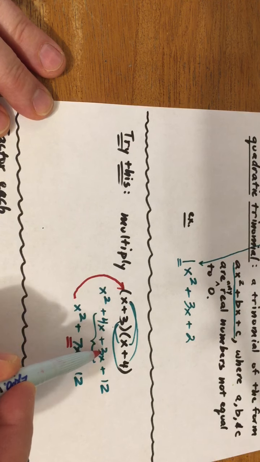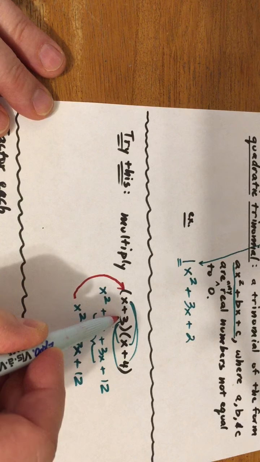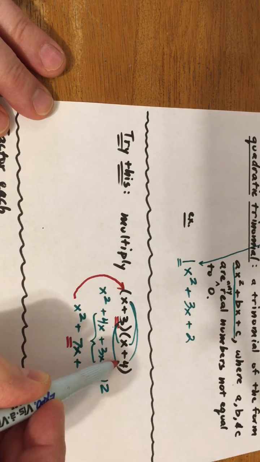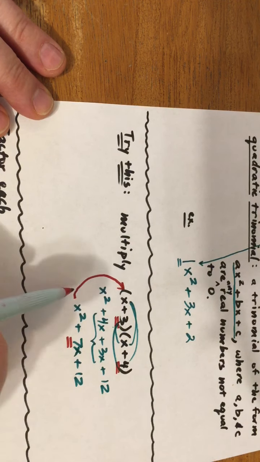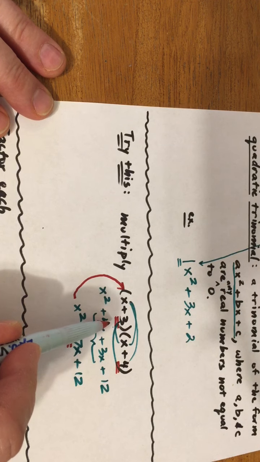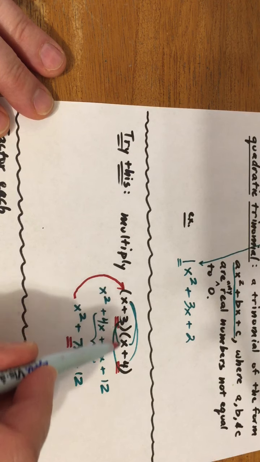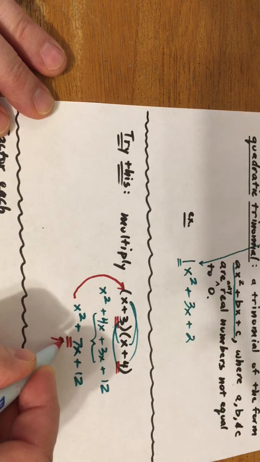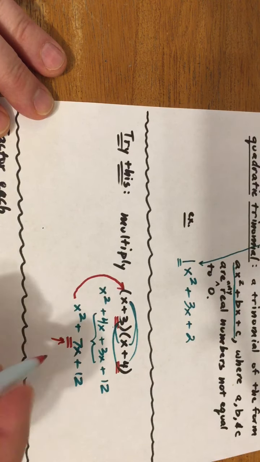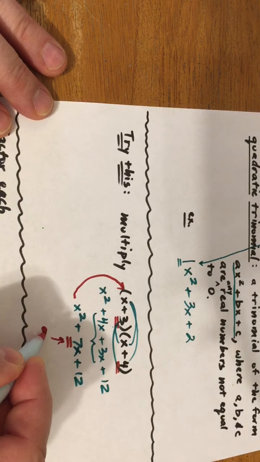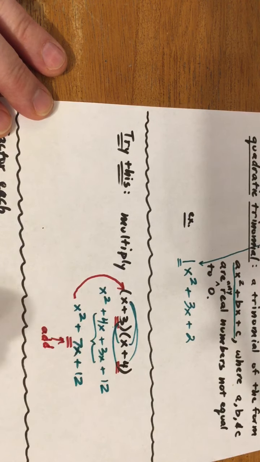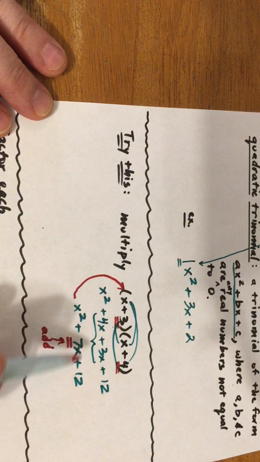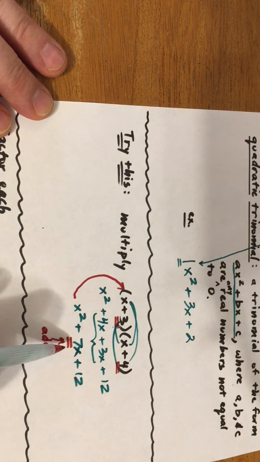But the 4x and the 3x we got by basically multiplying here. And when we multiply it out, we ended up basically adding the 3 and the 4 together here to get that 7. And so the 7 really comes from taking the 3 and the 4 in the original problem and adding those together. That's what happens when we clean this up.